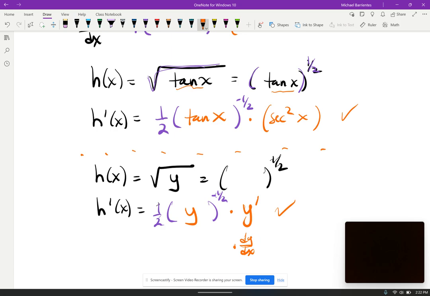That's okay. But every time I see a letter that's not the variable of differentiation, that's not the variable that the function is in terms of, I'm going to have to treat that quantity as a function of that variable.